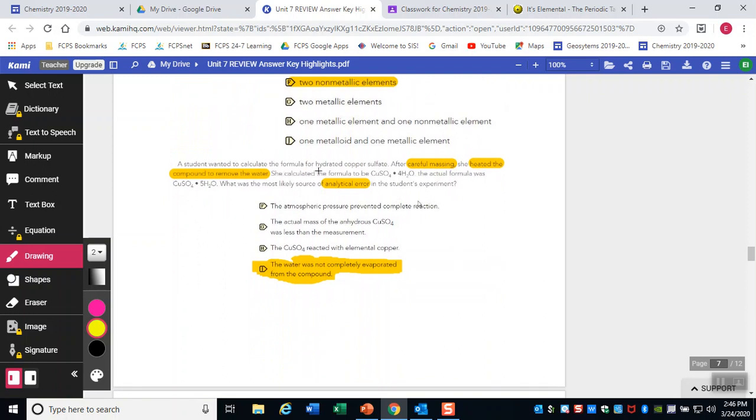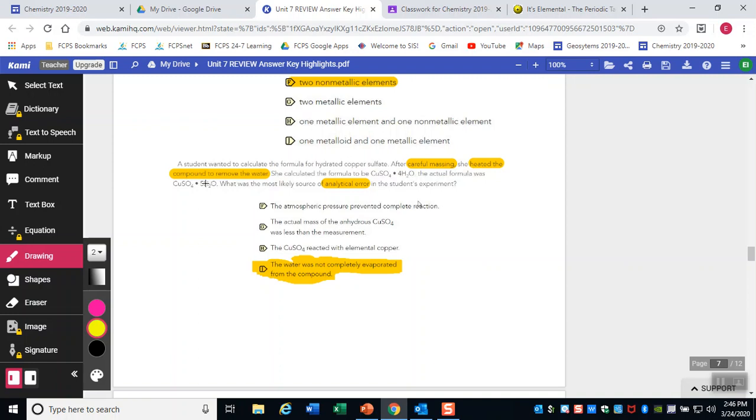So a student wanted to calculate the formula for hydrated copper sulfate after careful massing. So you're checking the mass on a scale. You heat the compound to remove the water. And she calculated the formula to be copper sulfate with 4 moles of water. And the actual formula had 5 moles of water.